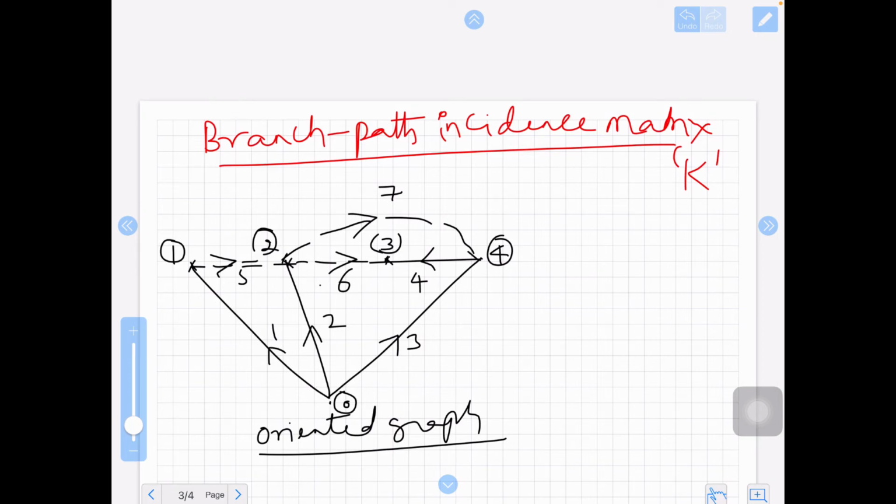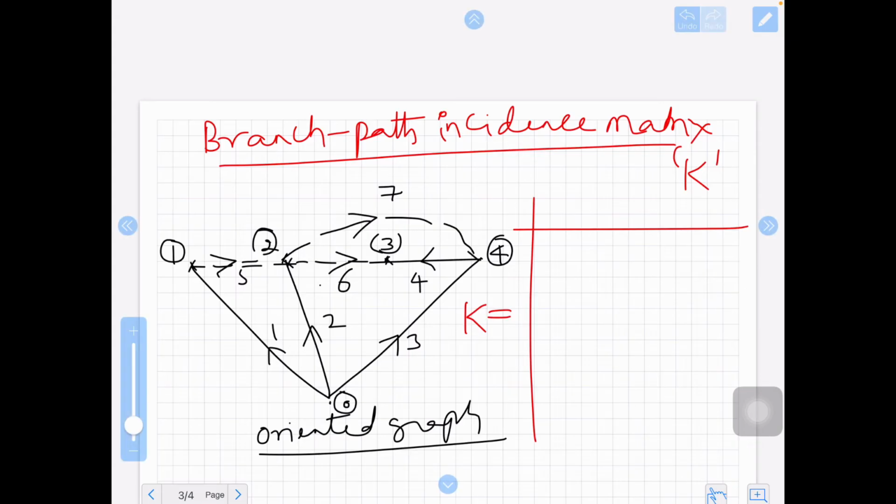Here the path is oriented from the bus to the reference node. The path is in the subgraph of the connected elements where not more than 2 elements meet at a node. So here we are finding the K matrix.